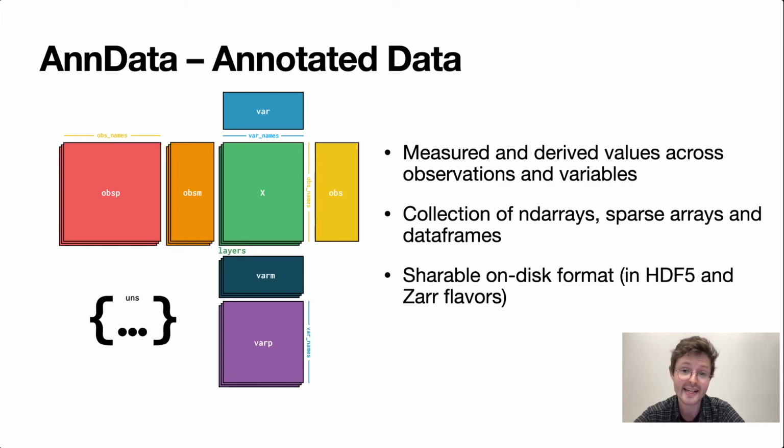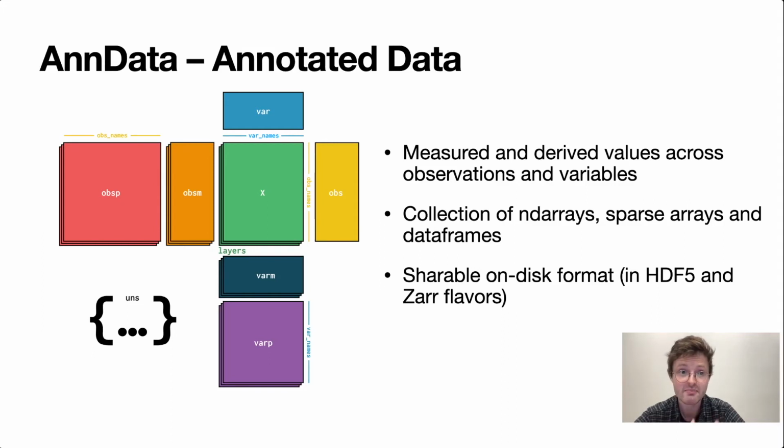You can start adding annotations and learned representations on top of these dimensions. This is essentially a collection of dense arrays, sparse arrays, and data frames aligned to core dimensions. We also defined an on-disk schema, so you can take this data set and write it to HDF5 and Zarr stores.